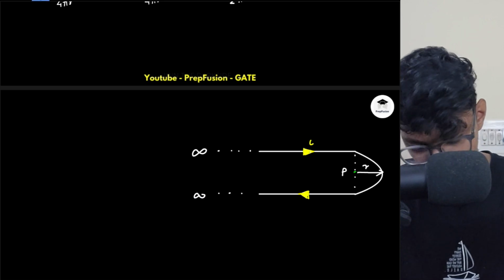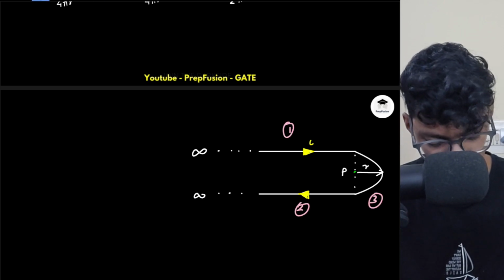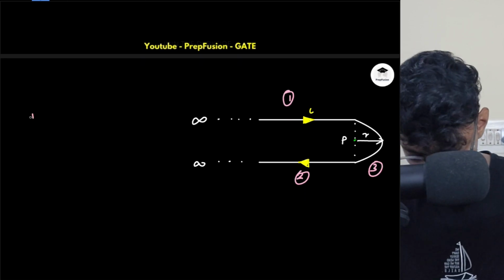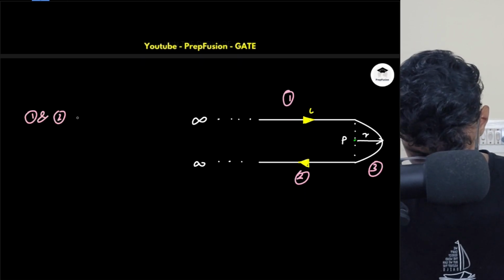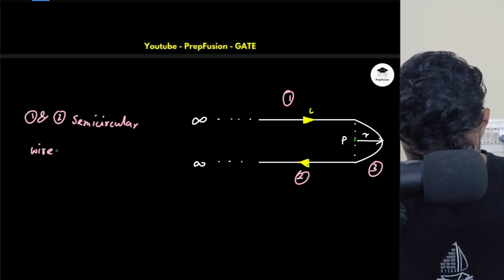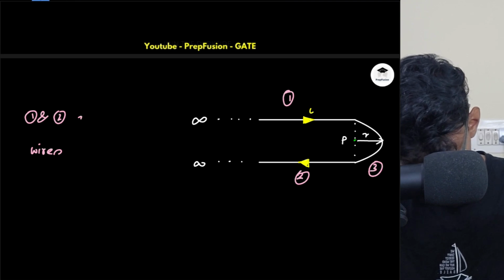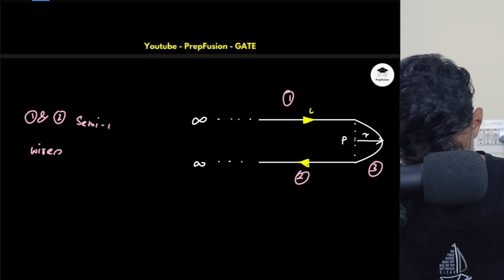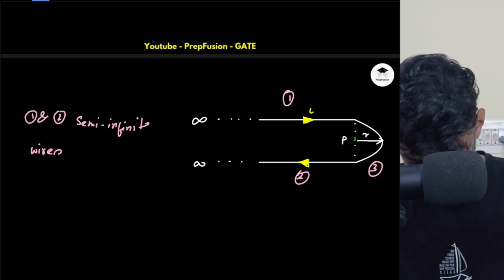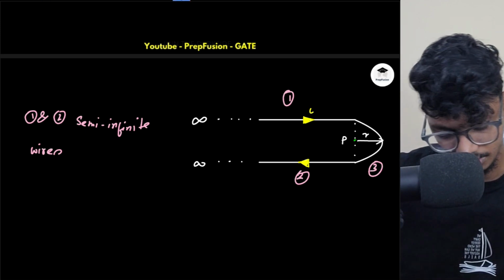So I will break this down into sections. This will be 1, this will be 2, and this will be 3. So 1 and 2 are semi-infinite wires. So what is happening?